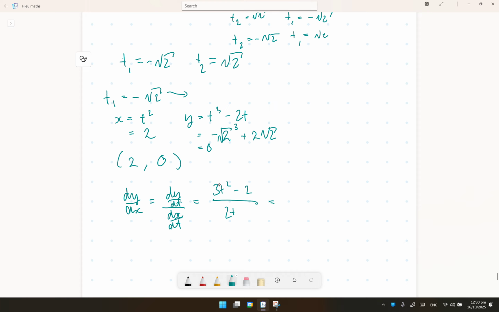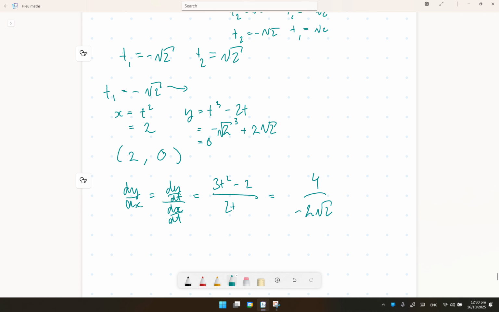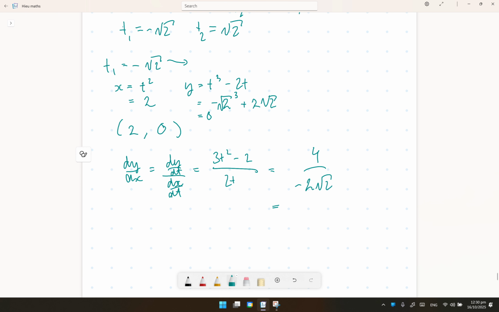And the gradient would simply be, t is minus, so it's 3 times minus root 2 squared, which is just 2, that's 6. Minus 2 is 4 on top. And this is minus 2 times root 2, minus 2 root 2. So that would be minus 2 over root 2.